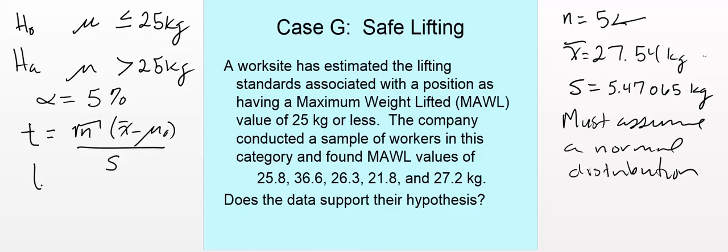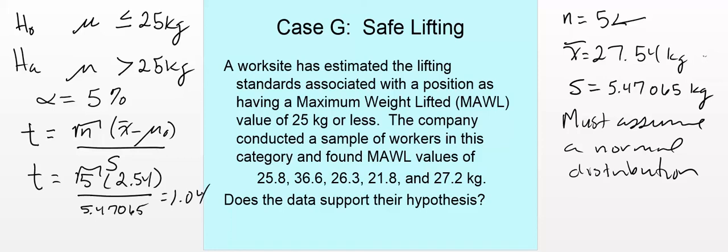And that comes out to be square root of 5 times x bar, 27.54 minus 25, which is just 2.54, and divided by 5.47065. I got a t of 1.04, or 1.038.